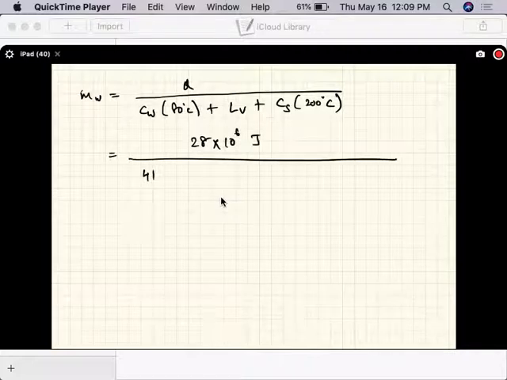The specific heat of water is 4186 joules per kg per degree Celsius, times 80 degrees Celsius. What is the latent heat of vaporization of water? 2,256.